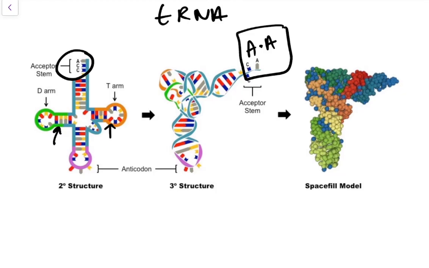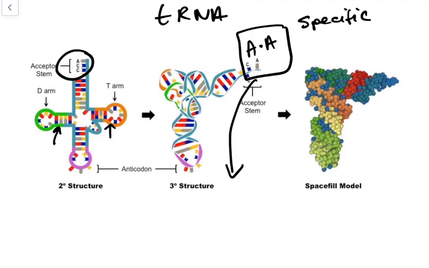It's able to attach to a specific amino acid, and we'll come back to this point. So there are different tRNAs which can attach to different specific amino acids. And what it's going to do is kind of taxi them in. So the tRNA is the transport mechanism for our amino acids.